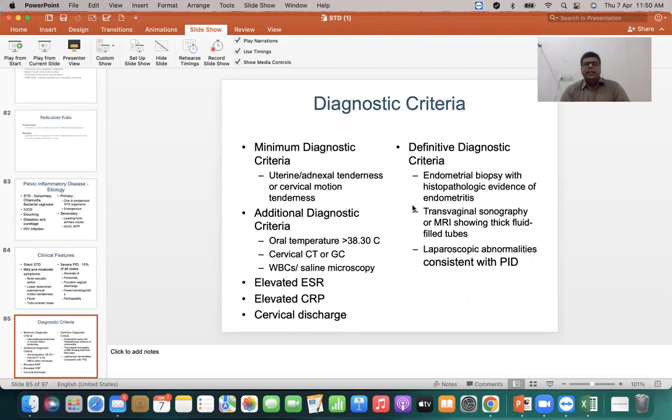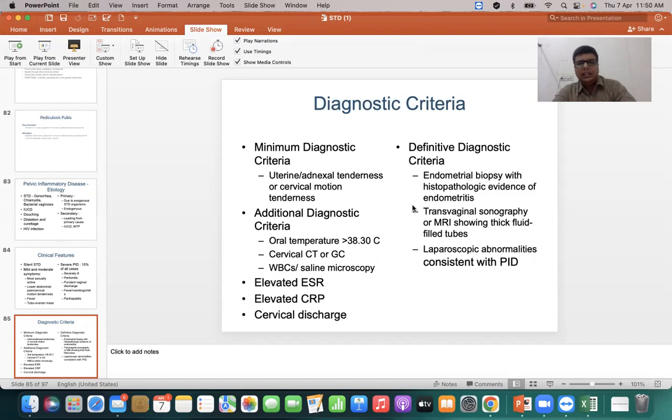The diagnostic criteria. The minimum diagnostic criterion is uterine or adnexal tenderness or cervical motion tenderness. Then additional diagnostic criteria are oral temperature greater than 38.3 degrees centigrade, cervical discharge, cytohistology or GC, WBC on saline microscopy, elevated ESR, and elevated C-reactive protein.